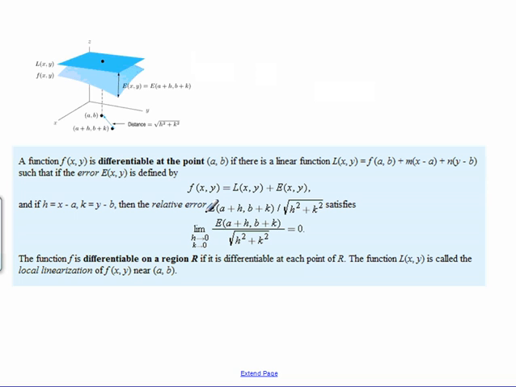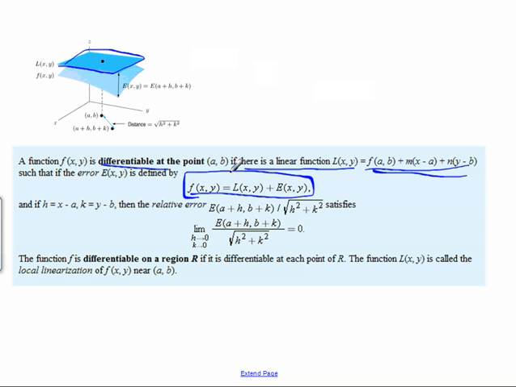So here's some formal language, but worth going through. It says the function is differentiable if we have some linear function, that's the L of x, y, our plane up here, and we know how to find the equation for that plane. Here it is written again, such that the error is defined here.